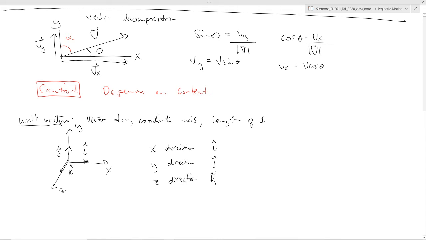So if I want my description of my vector decomposition up here to be a little more rigorous, really what I should do is the y component would be V sine theta, and that's in the j hat direction. And the x piece would be V cosine theta, and that's along the i hat direction. And this just gives a little more rigor, I should say. So this Vx was just a magnitude, but as I've written it now, it's a vector.